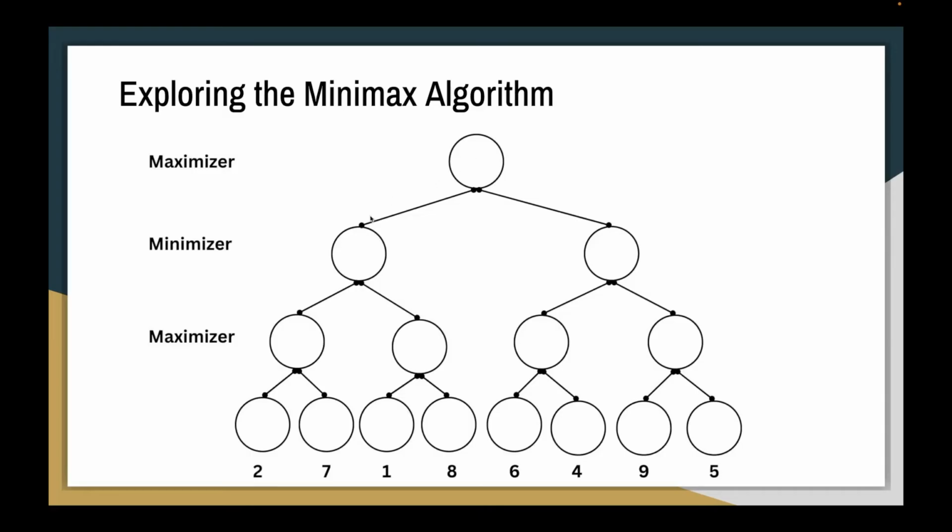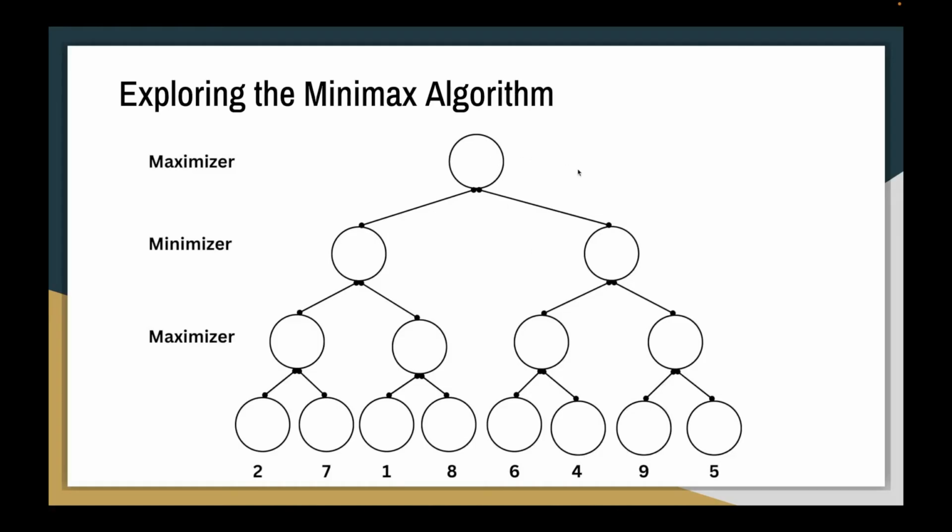There is another player, his opponent, which we call as minimizer. He would like to get over to the minimum number, which is 1 in this example. Because his view is opposite of the maximizing player.